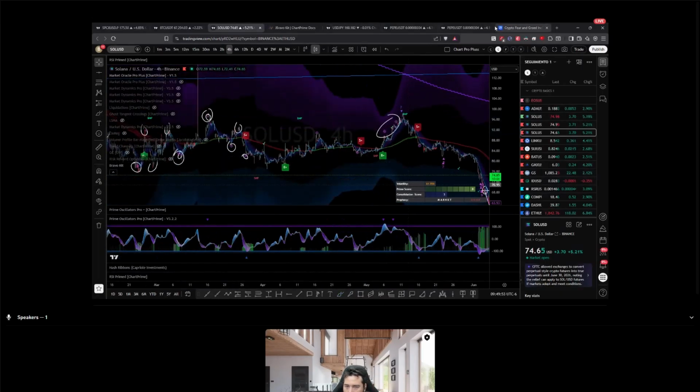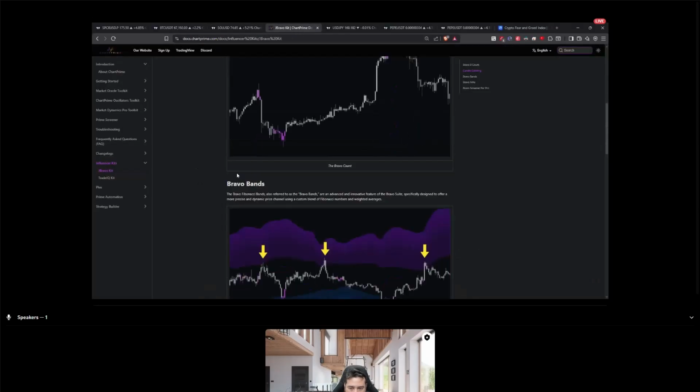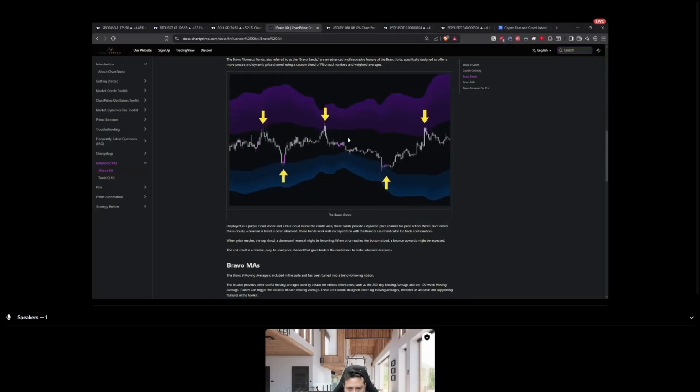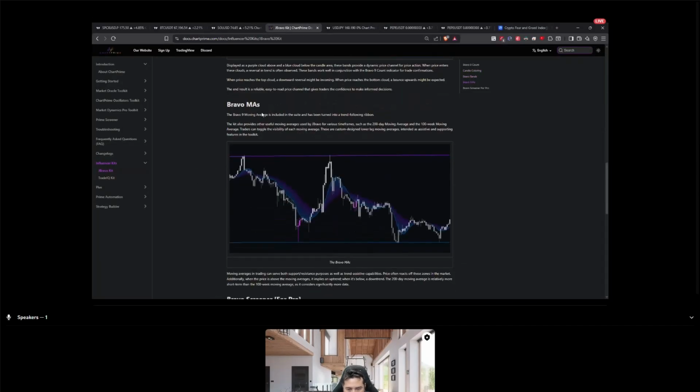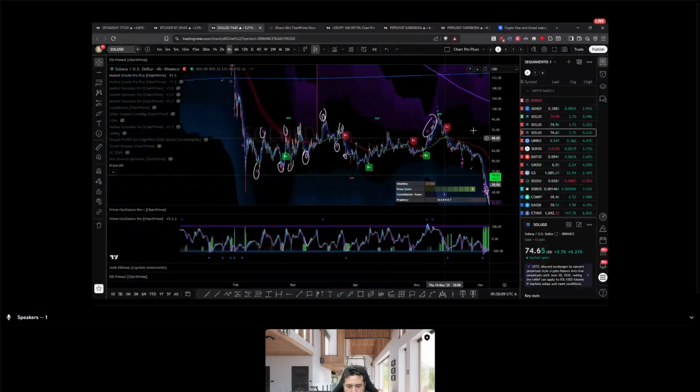And last but not least, let's go right down here. There is the bands. We already have talked about the bands. And let's talk about the Bravo MAs. Let's go over Solana. Very important.